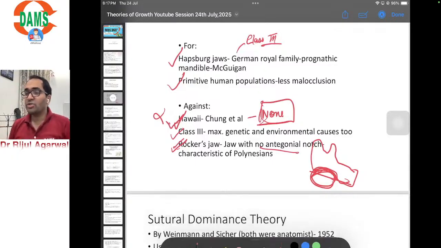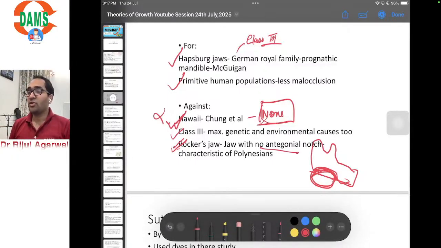So having rocker's jaw is not a characteristic feature of the Polynesian population nowadays. Okay, so again this point went against the genetic theory of growth, that genes are the only ones responsible for craniofacial growth. Okay, so just remember these terms: Habsburg jaw, rocker's jaw, and this Hawaiian experiment.